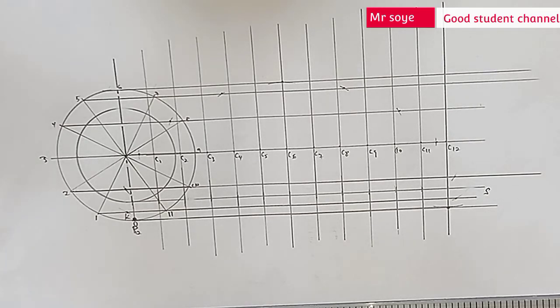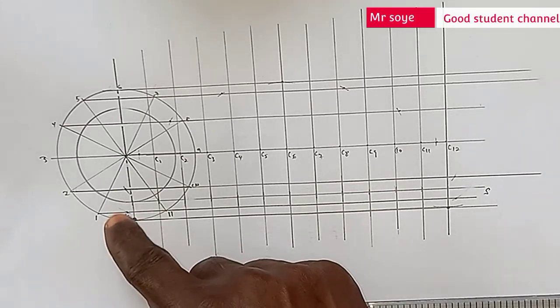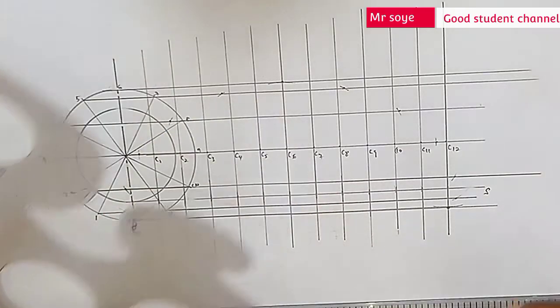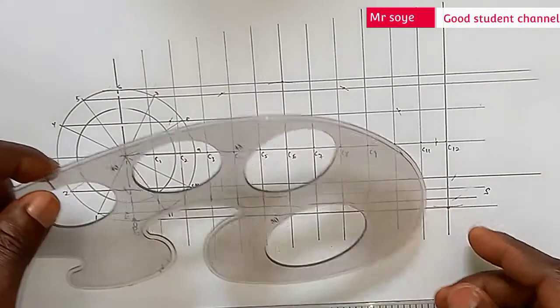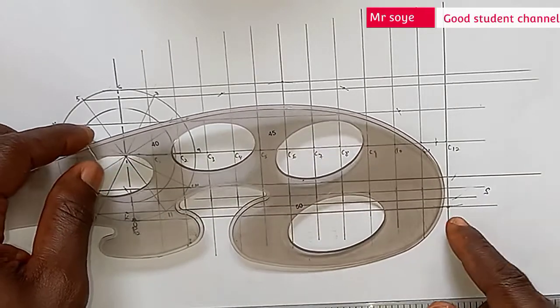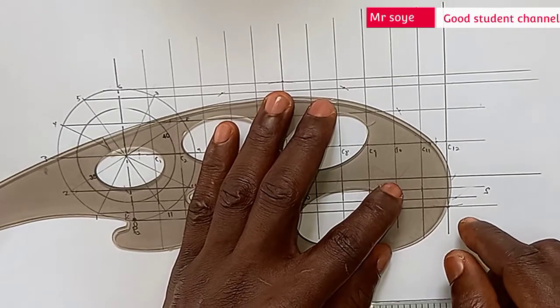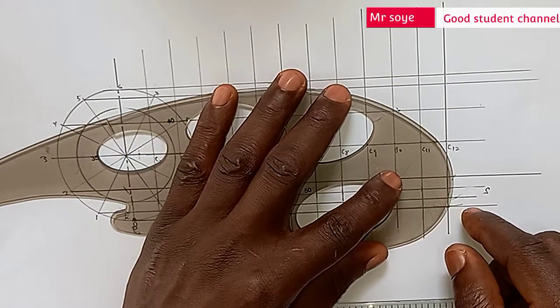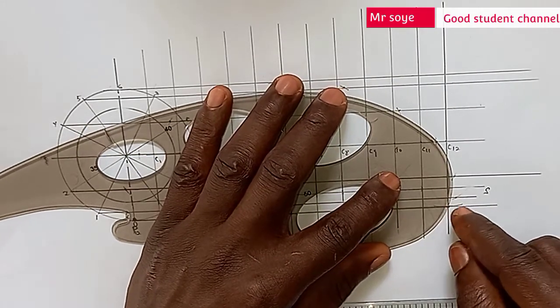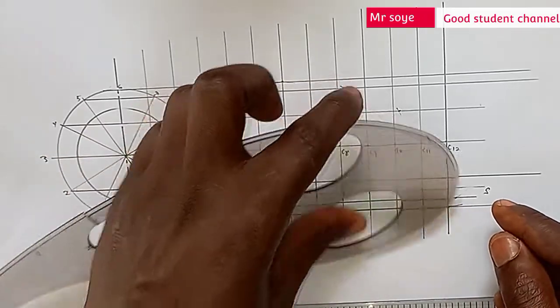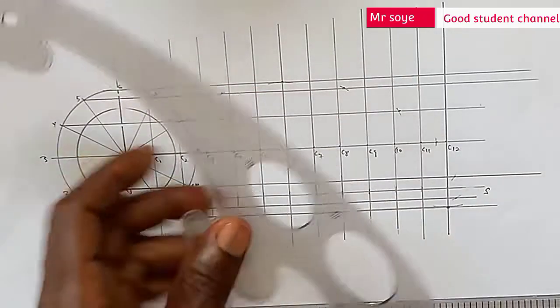Alright, so now to join these points using the French curve, set your French curve to at least 3 points. That is, set the French curve so that it will be touching 3 points.